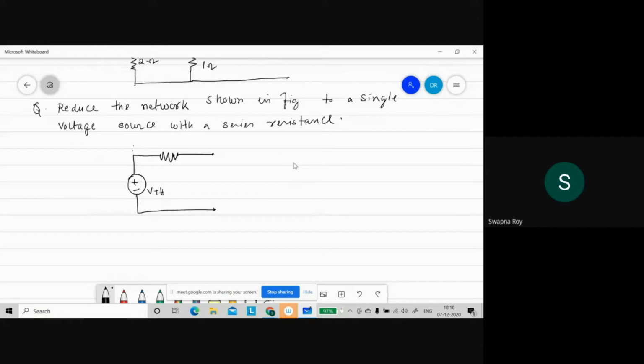Say this voltage is VTH and this is RTH, like Thevenin's equivalent circuits. This can be transformed to an equivalent current source, where the magnitude of the current source will be VTH by RTH, that is the short circuit current, and a parallel resistance.